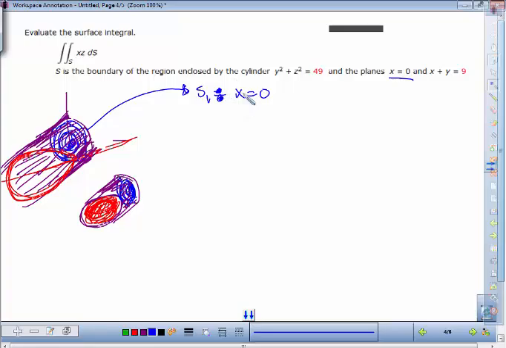Well, that was easy. That's all you need to describe the surface. But it actually has a domain. It's restricted to the circle of radius 7, so y squared plus z squared is less than or equal to 49. So that's one surface.